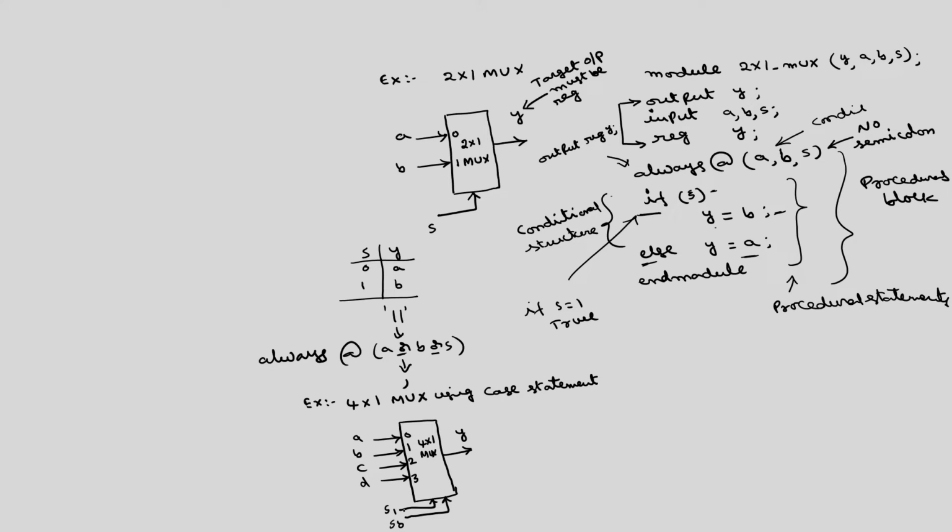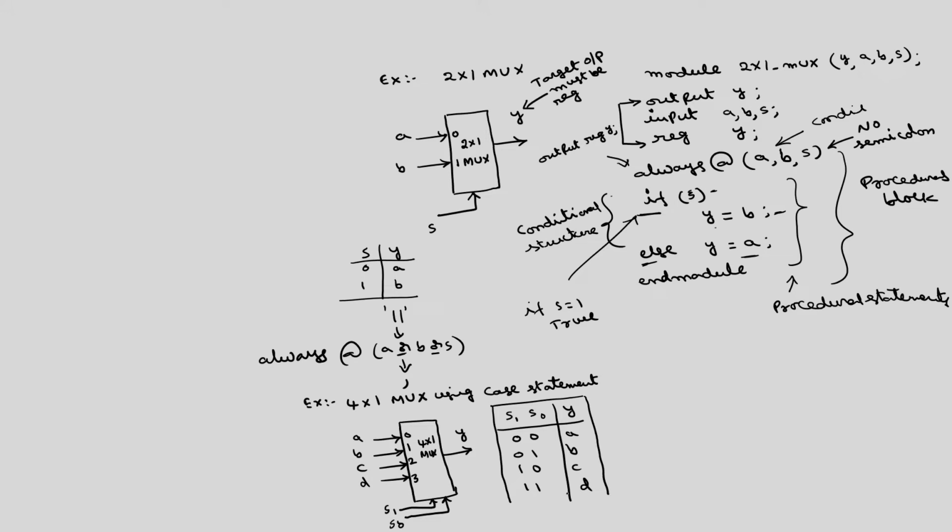So, the operation is S1, S0, output Y: 0, 0 it should be A, 0, 1 B, 1, 0 C, 1, 1 D. This is the truth table of the 4/1 multiplexer.